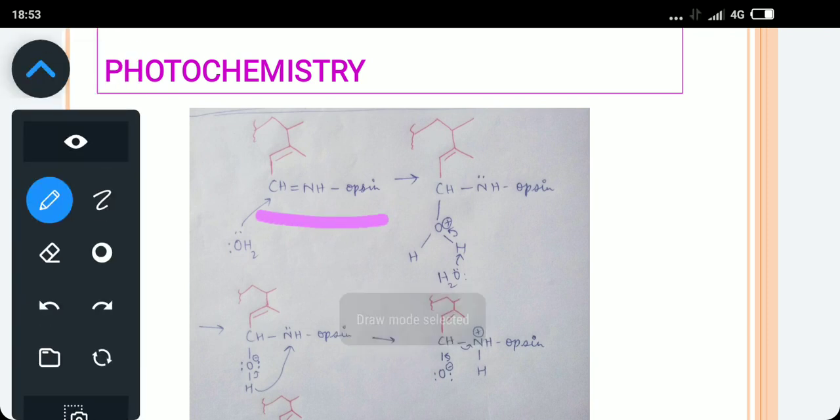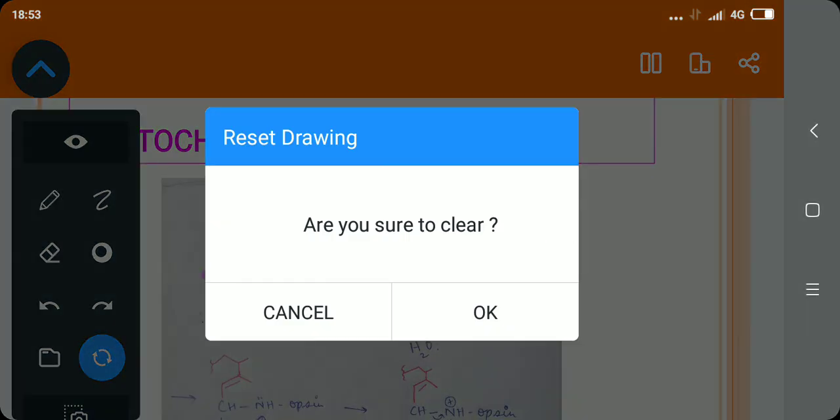In the presence of water, the oxygen, being electronegative, bonds to the carbon of the imine. You can see how oxygen gets three bonds around it and a positive charge. The positive charge on oxygen has to be removed. So another water molecule takes up the proton, a deprotonation happening, and the water molecule takes up the proton.